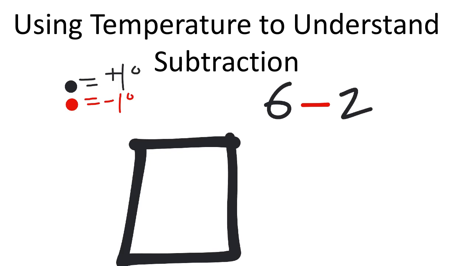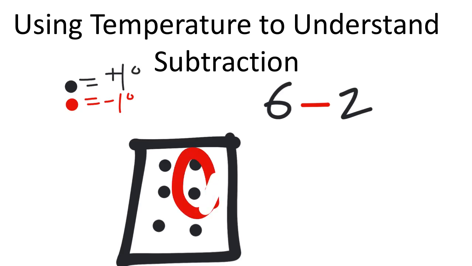I'm going to start with 6 of these positive 1 degrees, right? So inside of my pot of stew, or whatever this is, math stew maybe, there are 6 positive counters. Now in these 6 counters, the problem is telling us to take away 2, right? So I could take, let's say, these 2.